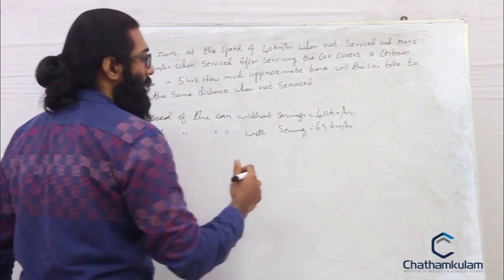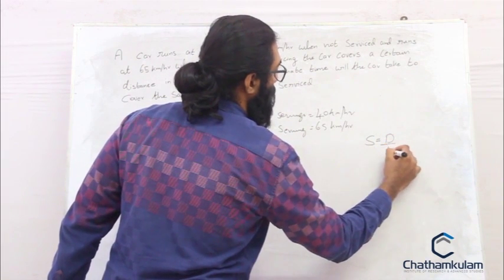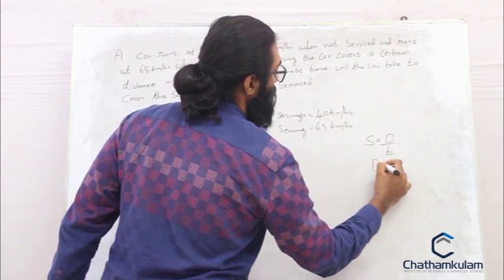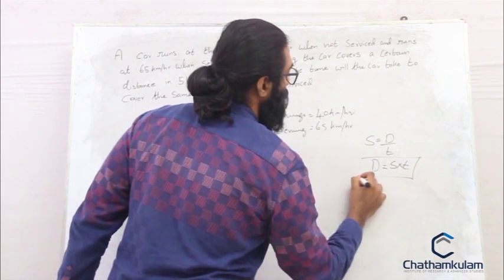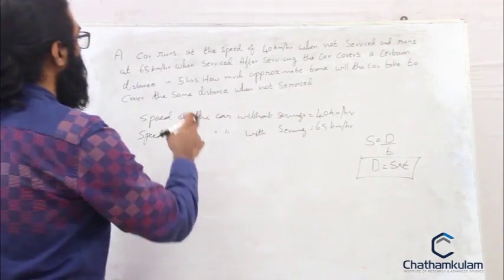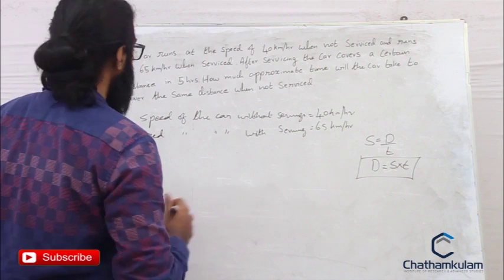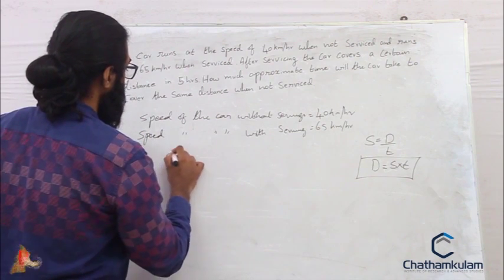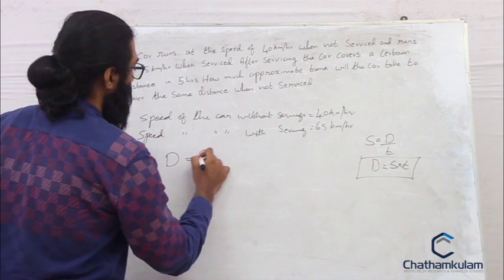So we have the formula, speed equals distance by time. Therefore, distance equals speed into time, right? So we can calculate the distance traveled by the car after servicing, that is D is equal to speed into time.